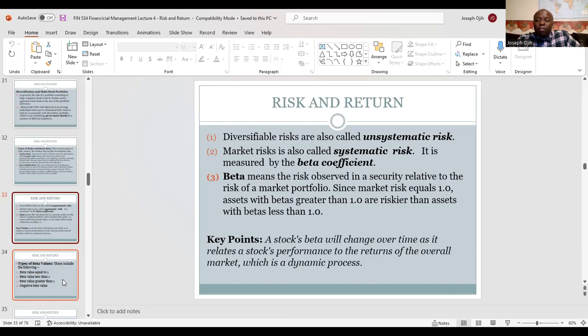So if the beta of a stock is greater than 1, that stock is more risky than the market. Generally speaking, the stock beta will change over time, because it relates to the stock's performance relative to the return of the market. This is always a dynamic process.